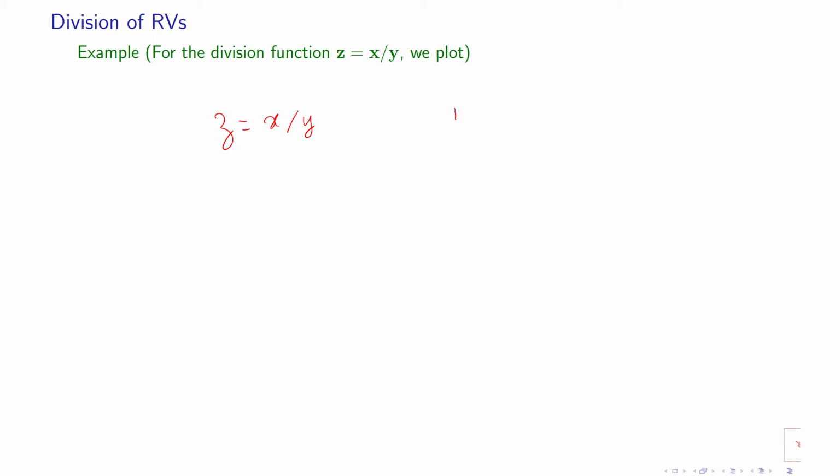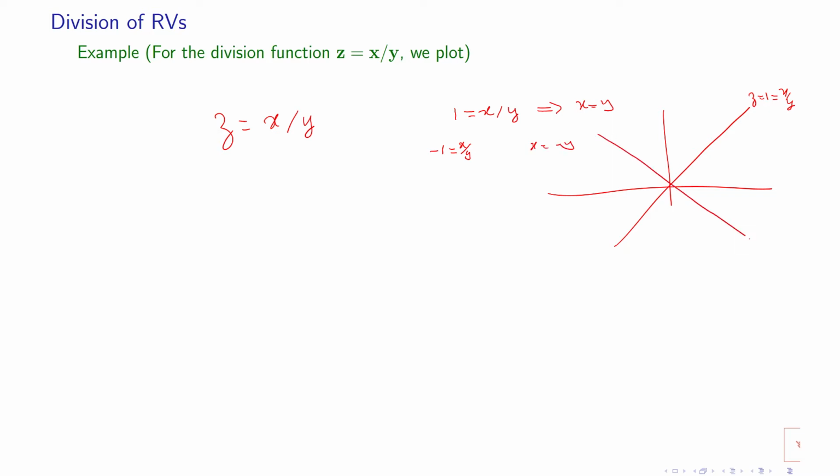If z is equal to 1, we get x divided by y, and then x is equal to y, and I plot it. I will get this line. Now, if z is equal to minus 1, then x is equal to minus y, and then you get this one.